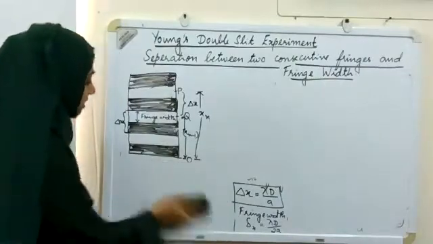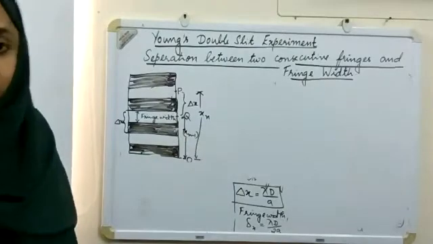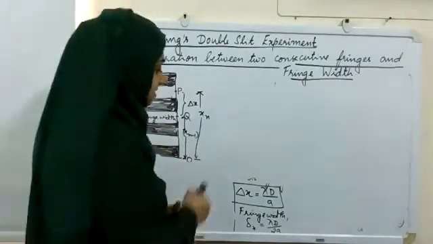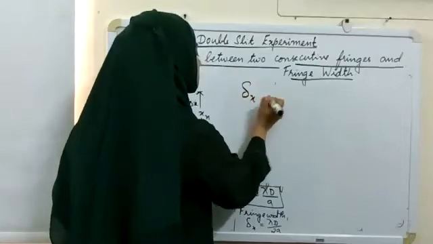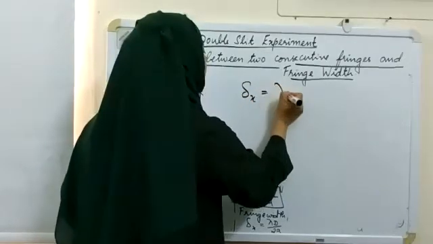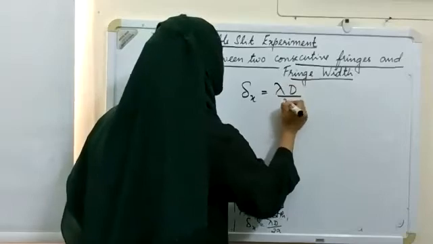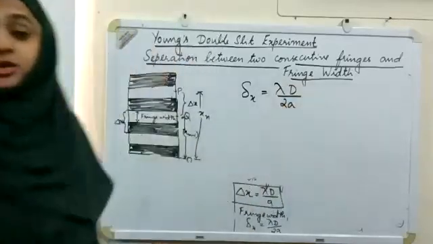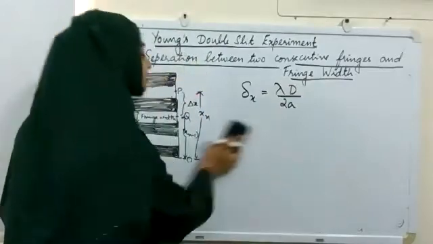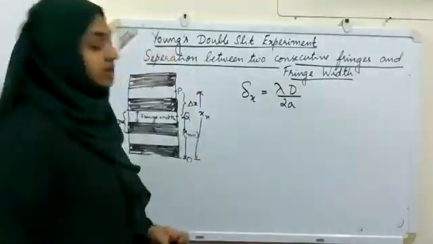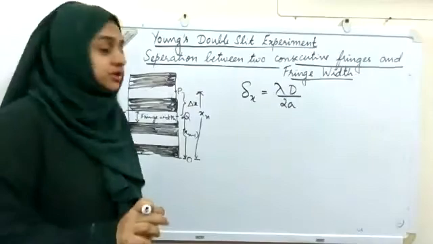I'll still keep this figure. Delta x is equal to lambda D by 2a. Let us look into this equation and learn more about what it can tell us about the fringes.